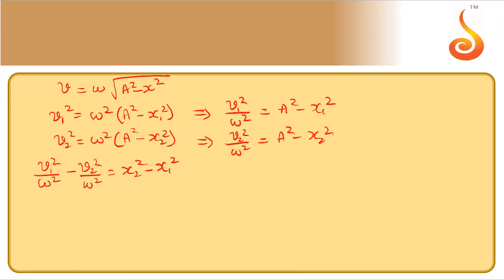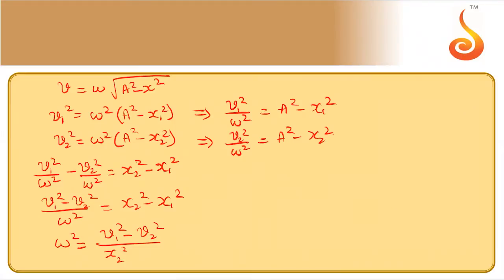So v1 square minus v2 square by omega square equals x2 square minus x1 square. We get omega square is v1 square minus v2 square divided by x2 square minus x1 square. So omega will be equal to root of v1 square minus v2 square divided by x2 square minus x1 square.